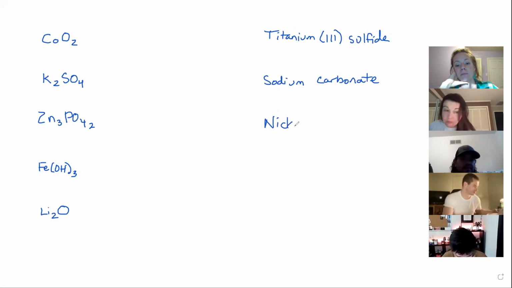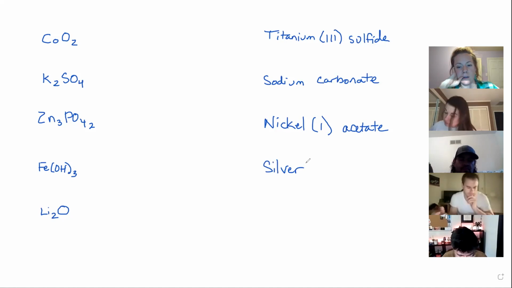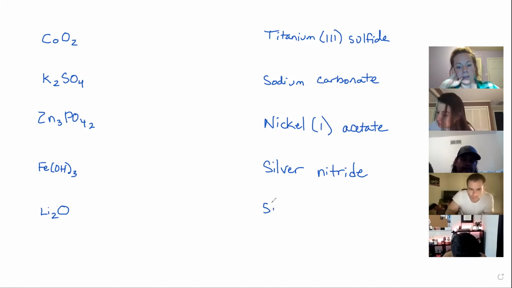Nickel(I) acetate. Silver nitride. For fun, we'll do silver nitrate.